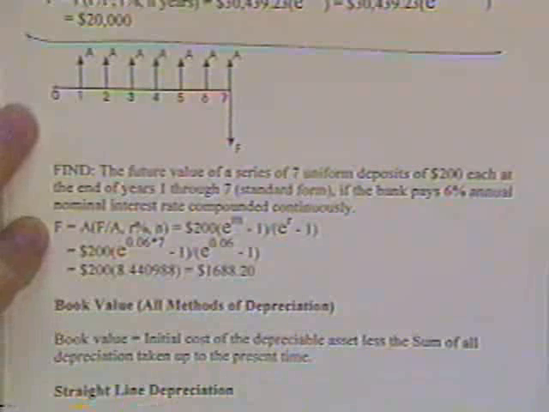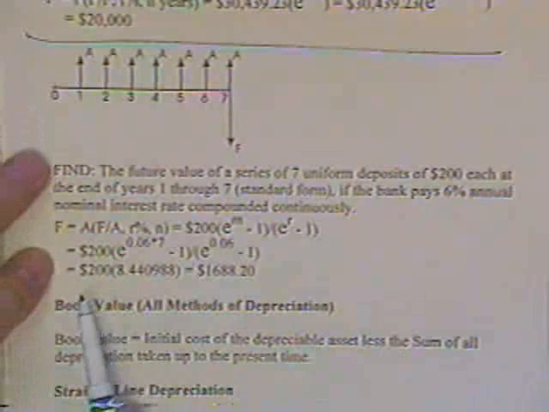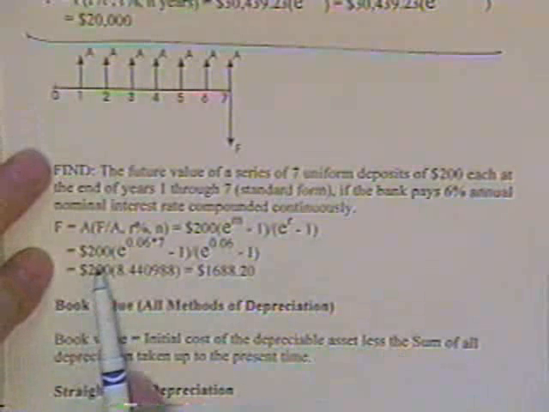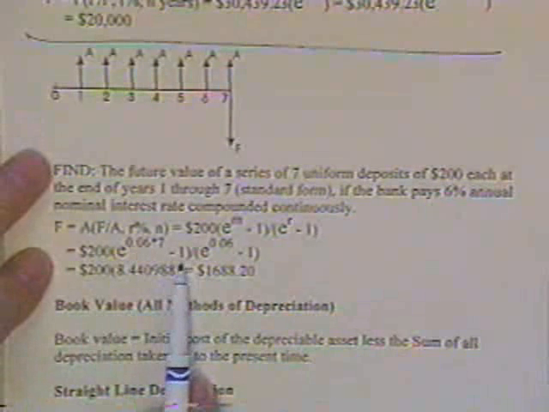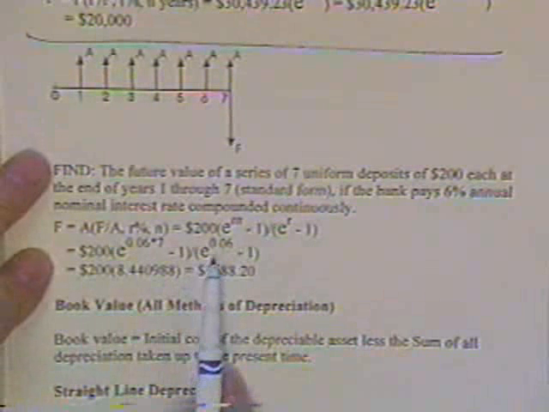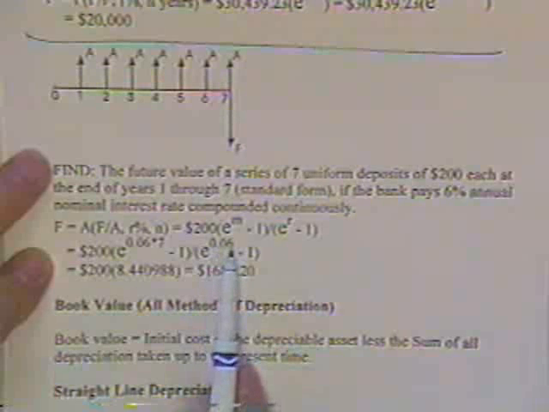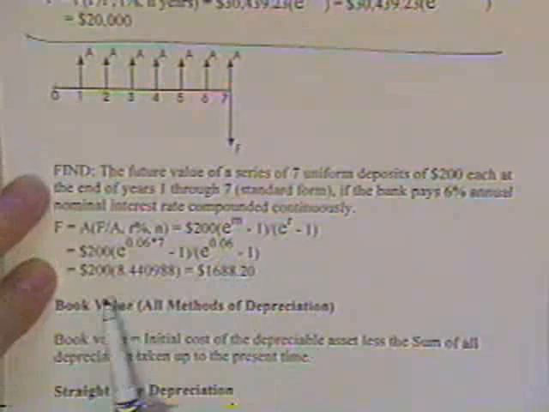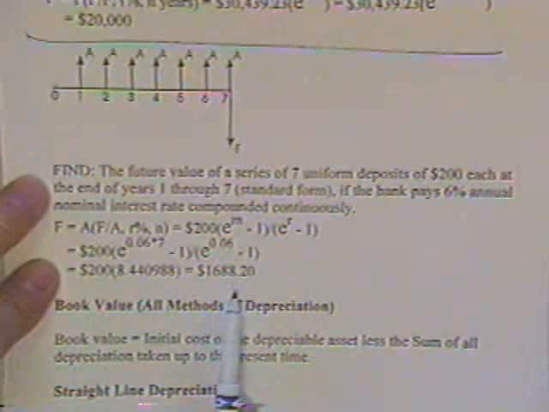Get that right out of the table, right out of your reference handbook on page 73. It's equal to $200 times e to the 0.06 times 7, subtract 1 from it, divide by e to the R value, noticing this is not multiplied times N, and subtract 1 from it, and you get $1,688.20.